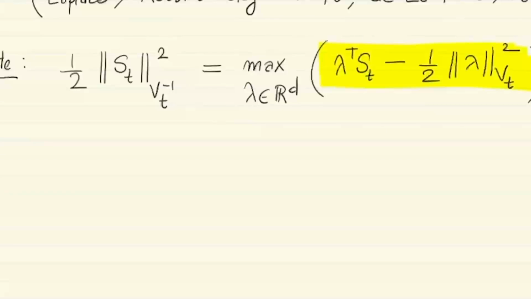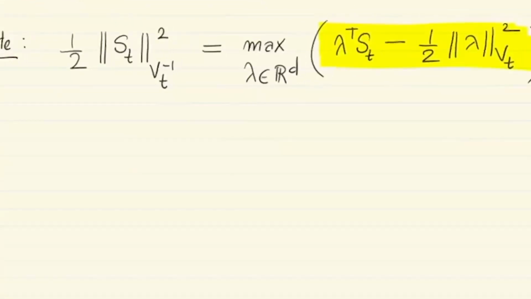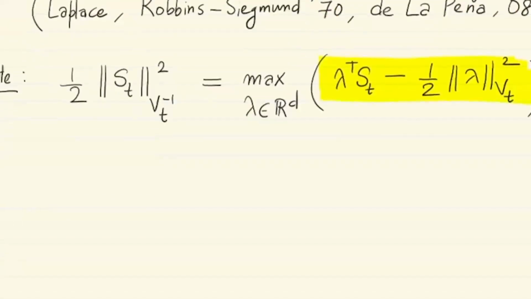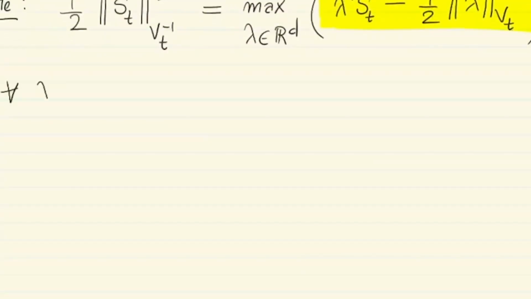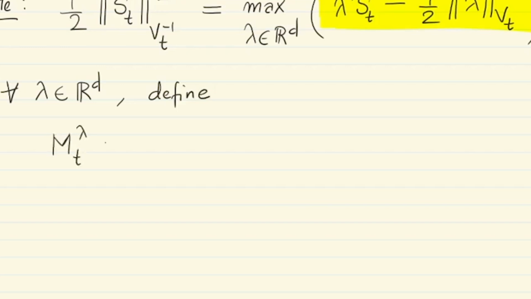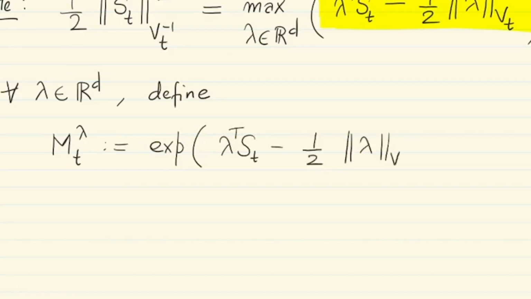This is what brings us to the Laplace method or the method of mixtures. To this end, for every vector lambda, let's define the following quantity. Define M_t(lambda), a random variable, which is e raised to lambda transpose S_t minus half the V_t norm squared of lambda.